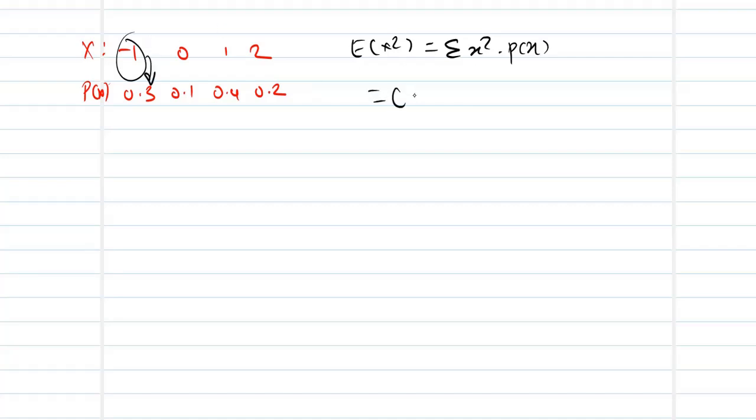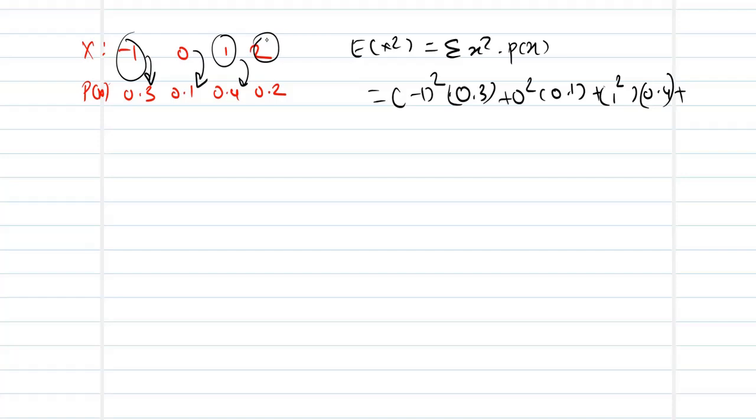So this will be equal to minus 1 the whole square into 0.3. What is the second term? Square this and multiply with it. So 0 square into 0.1. The next term, square this, multiply with it. So it is going to be 1 square into 0.4. And the next one, square this and then multiply with it. So it is going to be 2 square into 0.2.